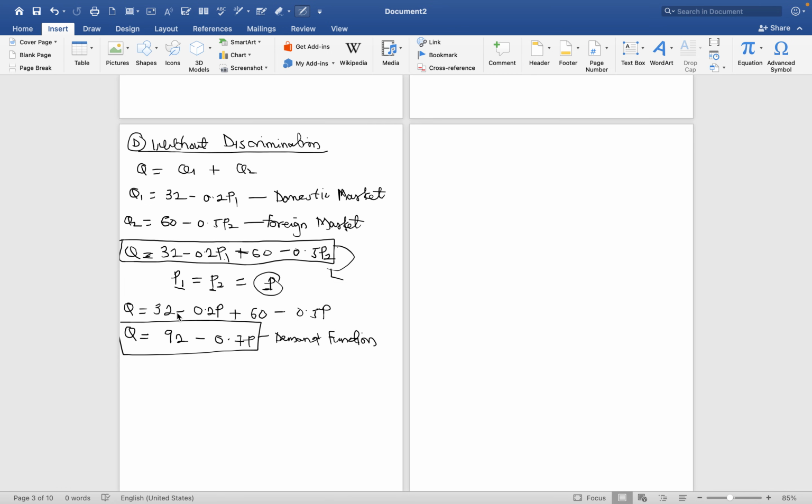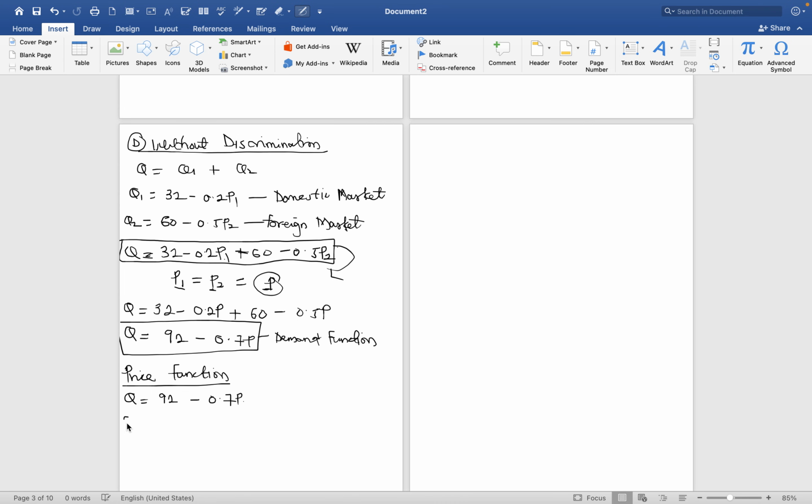So now, since we have this, we can now find our price function. We have Q is equal to 92 minus 0.7P. You have to make price the subject.